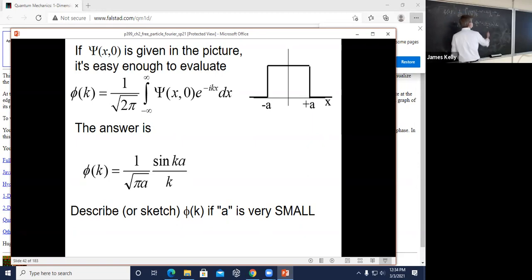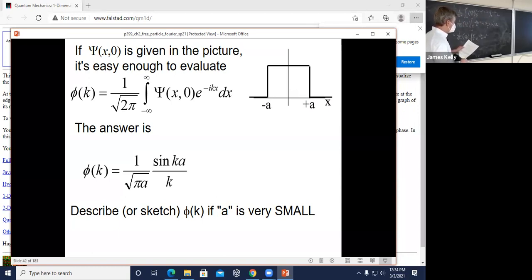E to the b squared, but i squared is minus 1. I have a k minus k0 squared. So that's b squared over 4a, and a is lambda. I think that's right.